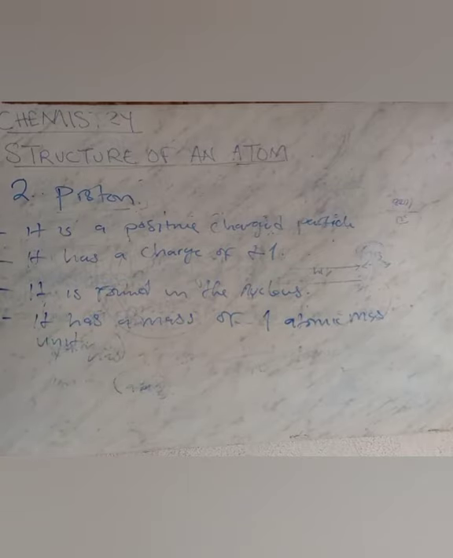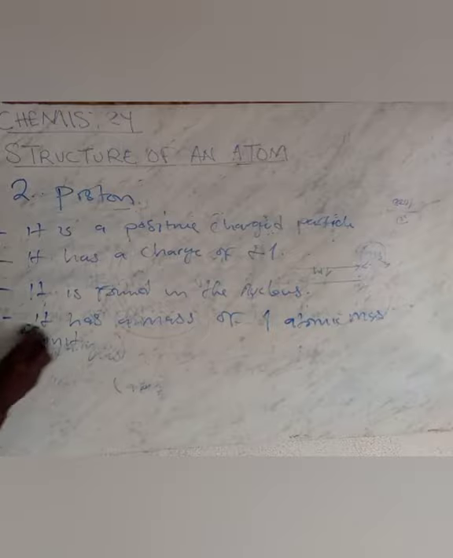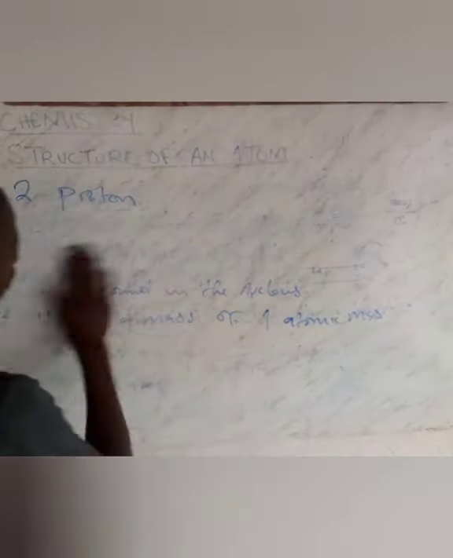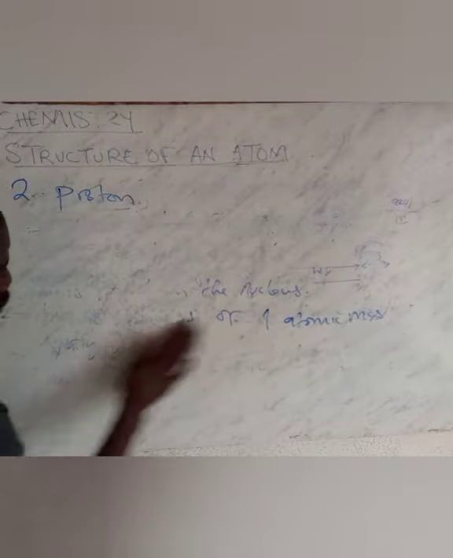So basically, this is the piece of information that we need to understand as we look at the proton. Then we can take a step further to look at the third component or particle of an atom.